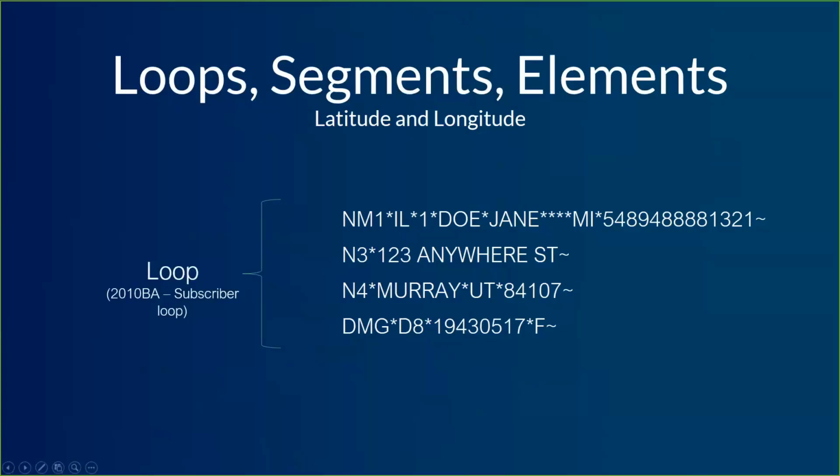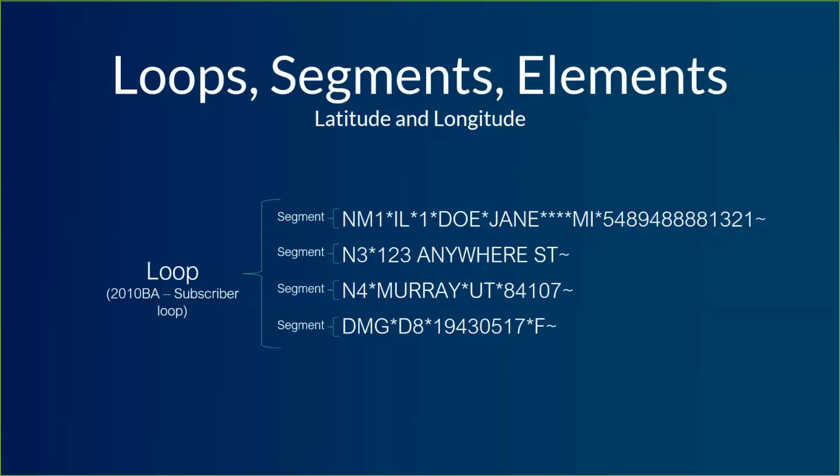Now, the next one is the segment. And each individual line here is a different segment. When you look at a raw file, it may or may not be split out like this with each segment on its own line. Sometimes you just have to parse it out manually.